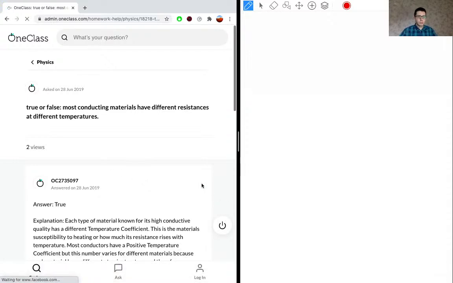Okay, so true or false, most conducting materials have different resistances at different temperatures. So the answer here is true, but let's try to think about what this means. For all conducting materials, we have this thing called a temperature coefficient.